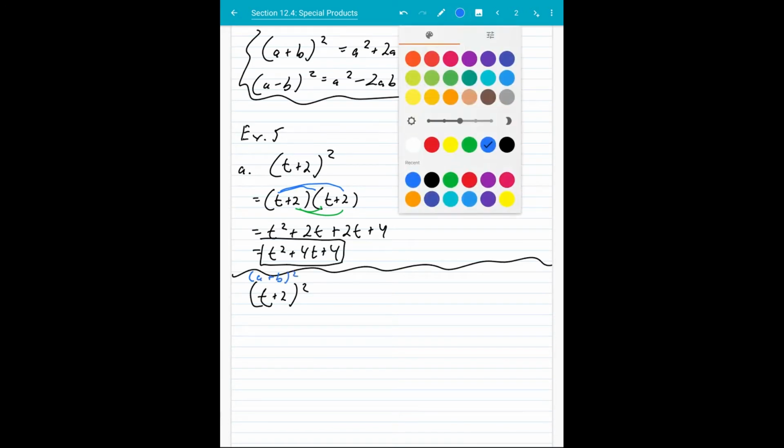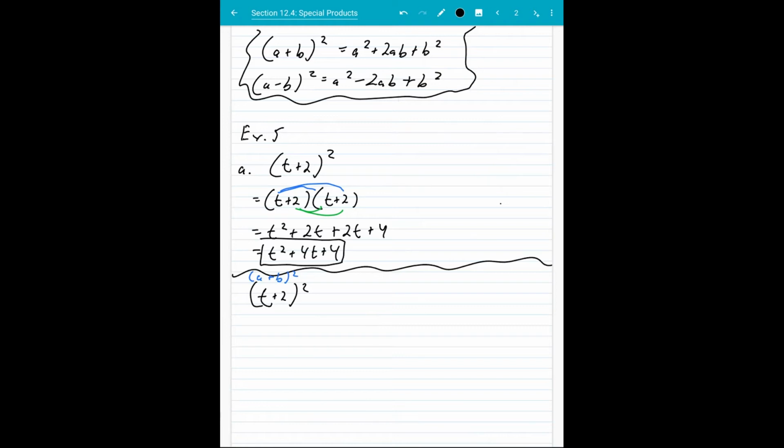So what we can do is a shortcut. We can follow this. Essentially it says take our a, which in this case would be t, and square it. And we're going to say plus 2ab. So this is our a, this is our b. Our a is t. We're going to follow the formula, put a t here. And this would be 2 times t times 2 plus 2 squared.